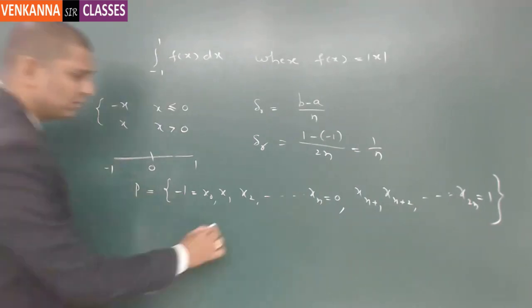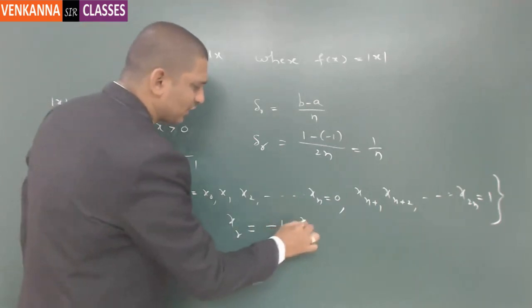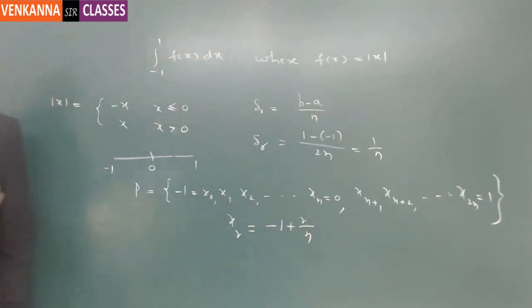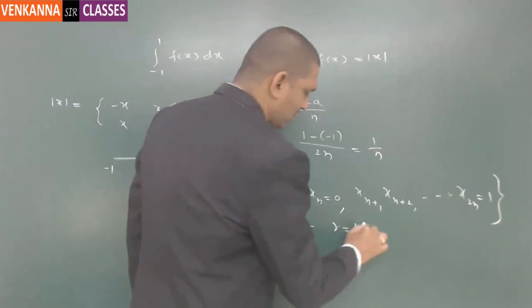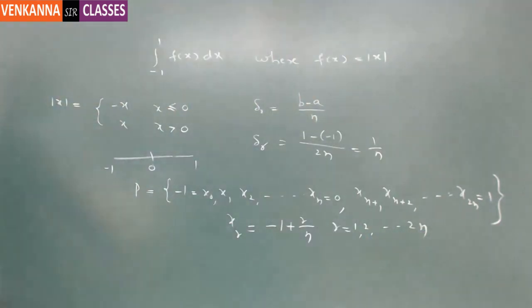So xr or tr, whatever it is, is nothing but -1 plus r by n, where r varies from 0 up to 2n, or r is equal to 1, 2, and so on, up to 2n. If you substitute these values, you are going to get the respective points x0, x1, x2, x3, and so on.